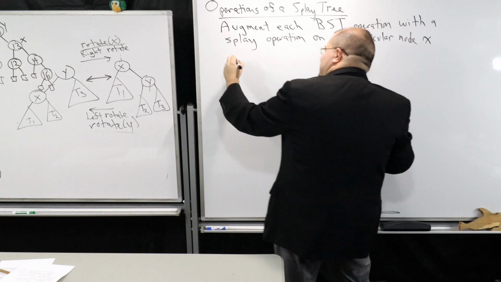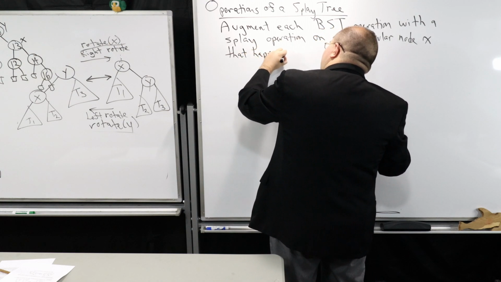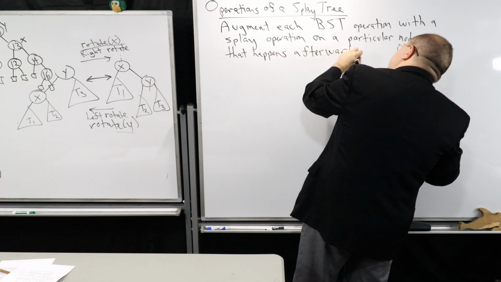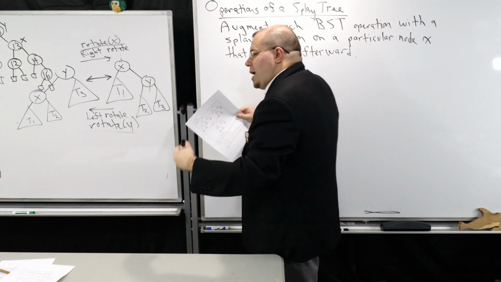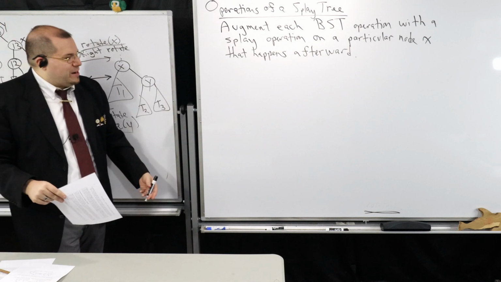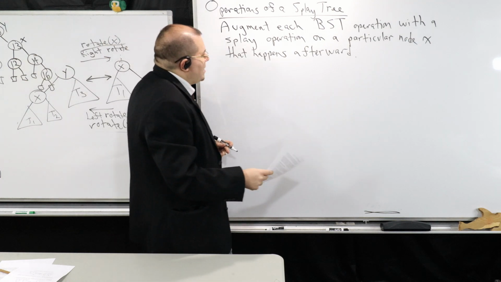That happens afterwards. After you do your search, you're going to apply the splay operation. After you do an insertion, you're going to do the splay operation. After you do a removal, you're going to do the splay operation, the one we just did over here.